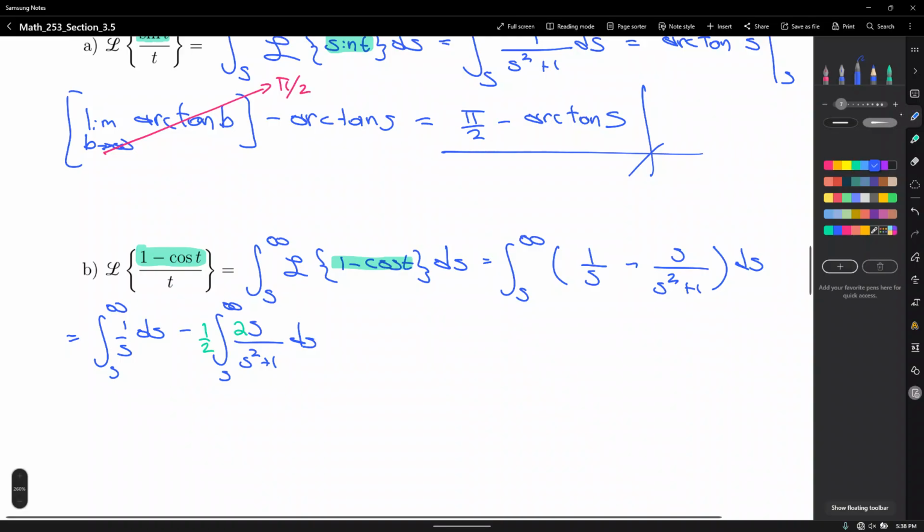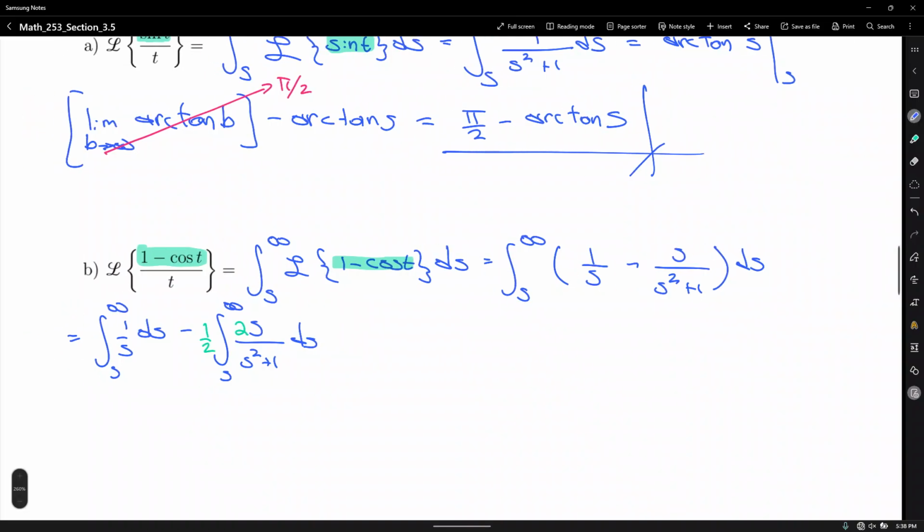So this would be equal to ln of s minus 1 half ln of s squared plus 1, evaluated between s and infinity. Upper limit, which is infinity, minus lower limit, which is just the variable s.